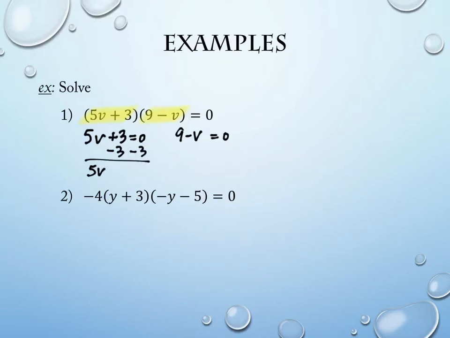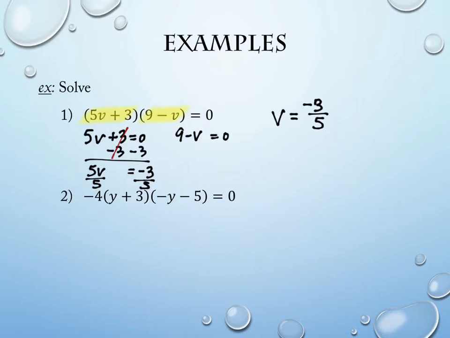So my positive 3 and my negative 3 add to 0. That's my goal. On the right-hand side, 0 minus 3 would be negative 3. And then we would divide by 5. So one of my solutions, I'll write it over here, is that v equals negative 3 over 5.